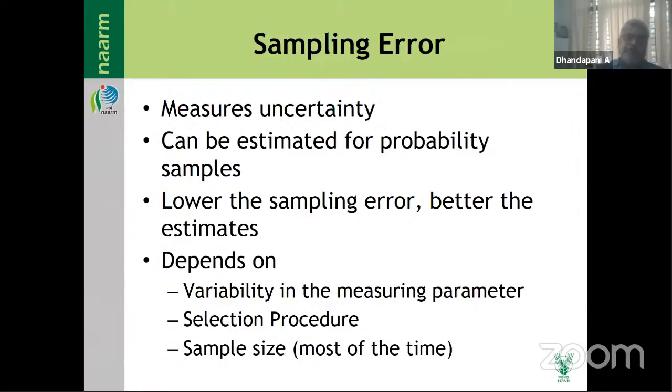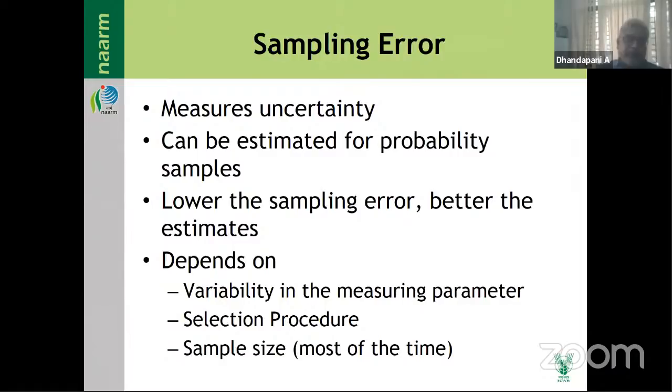Variance measures how far individual observations differ from your mean. So if your individual values vary, your variance also will vary. In the same way, whatever parameter you are measuring, if individual values vary, your sampling error also will vary.